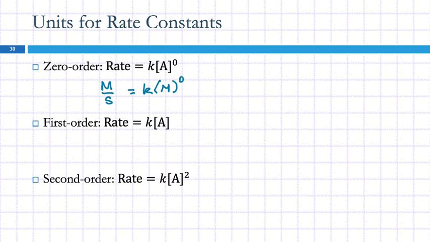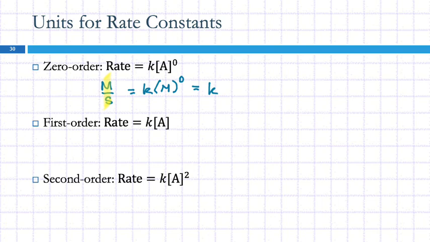Anything raised to the 0 power is equal to 1. So this is equal to the rate constant. So those are the units for the rate constant of a 0 order reaction. The units on the rate constant are just whatever we need to cancel out the other units. Might seem a little like cheating, but it is what it is.